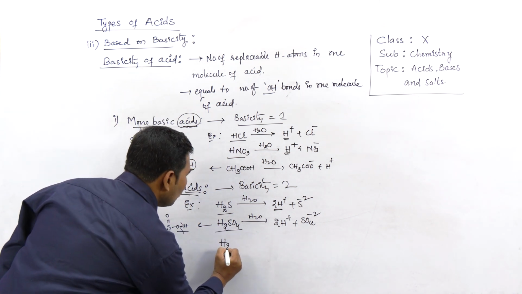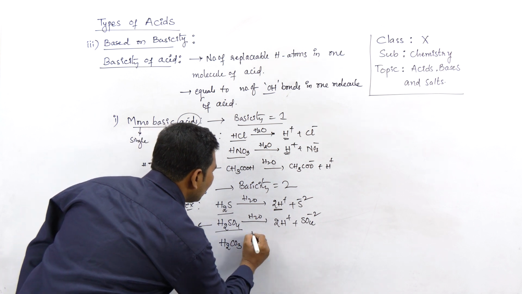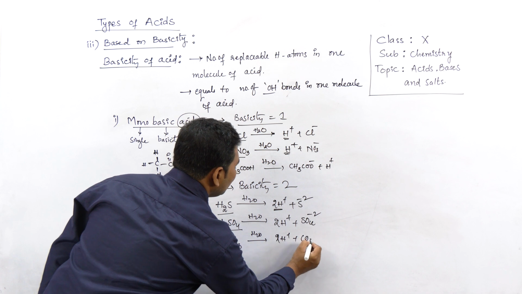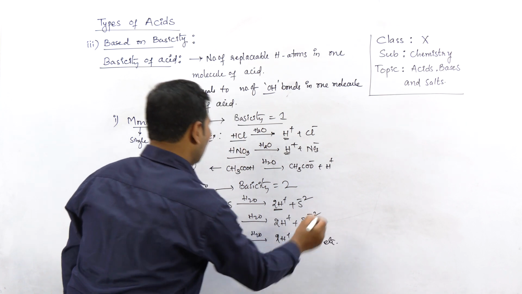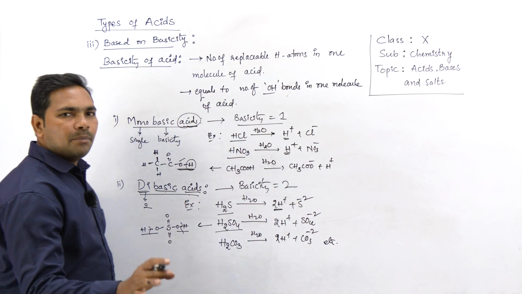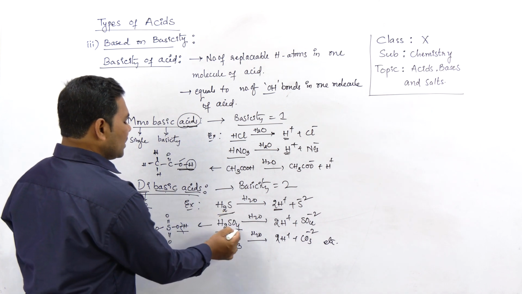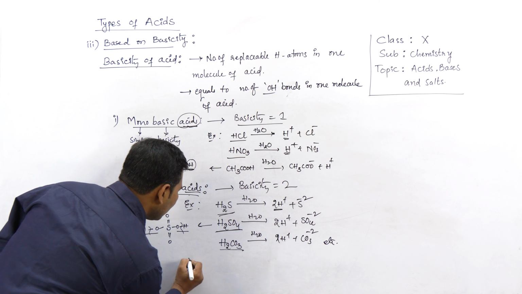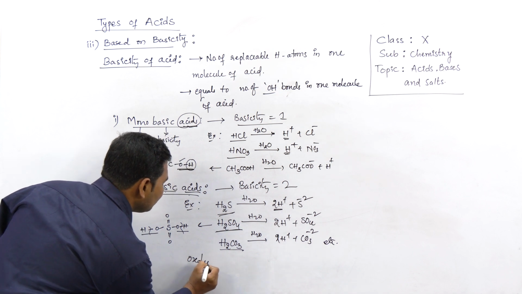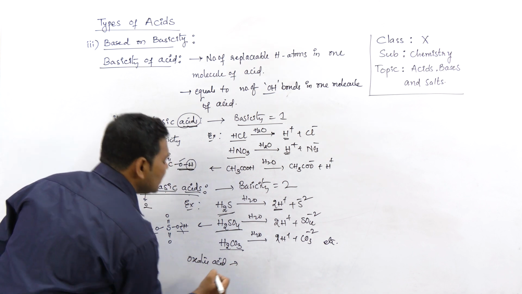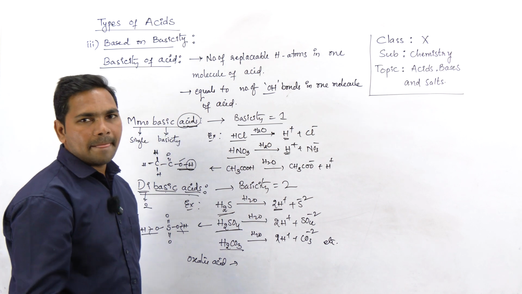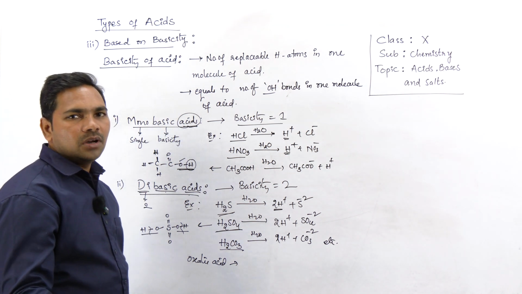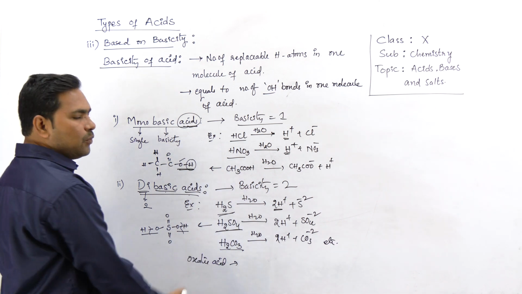We can also go with some other examples. H2CO3 in water produces 2 H plus ions plus CO3 minus 2. These are examples of dibasic acids: H2S, H2SO4, H2CO3, oxalic acid. Let's go with oxalic acid. Is oxalic acid an organic acid or an inorganic acid? Recall its source. Its source is tomato or spinach, since it comes from fruits and vegetables.